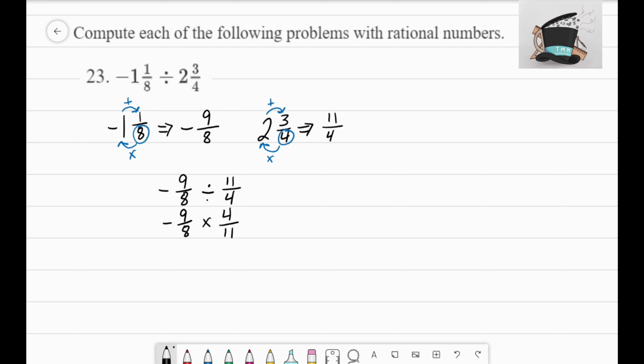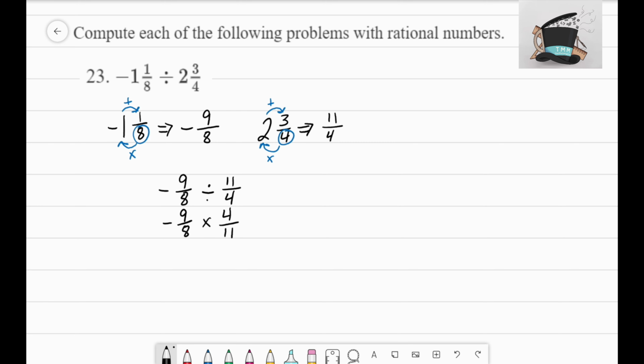We have to flip it upside down. That is how you divide fractions. So now I just have -9/8 times 4 over 11, and that is just a simple, straightforward multiplication problem.